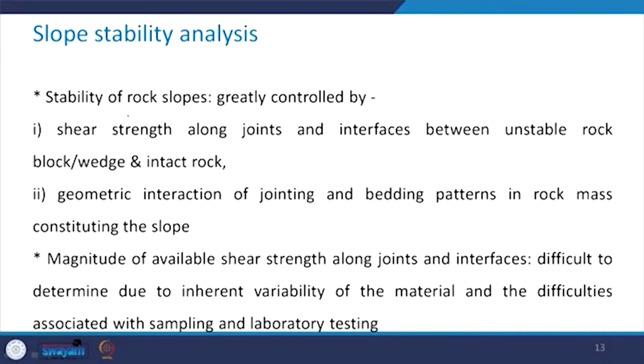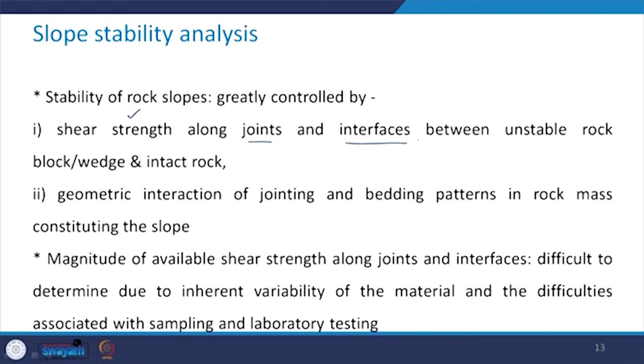Coming to the slope stability analysis, the stability of rock slopes is greatly controlled by, first, the shear strength along the joints and interfaces between the unstable rock block or wedge and the intact rock.